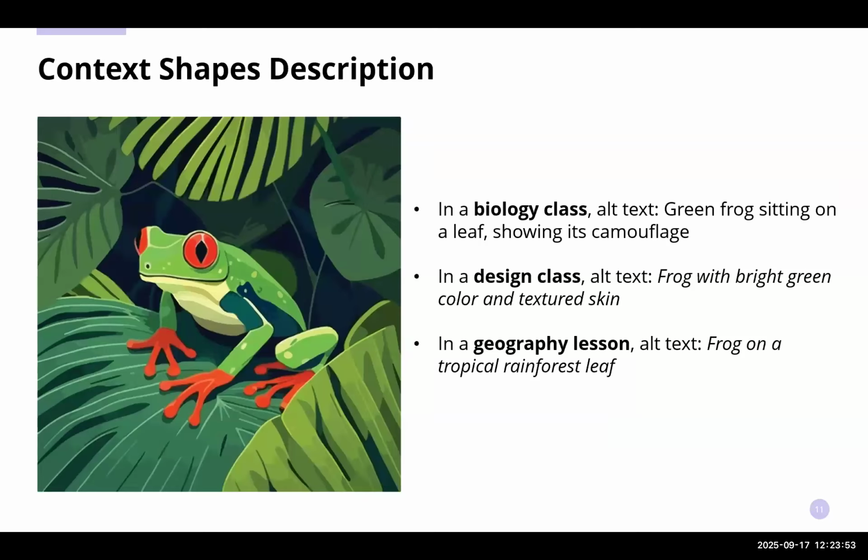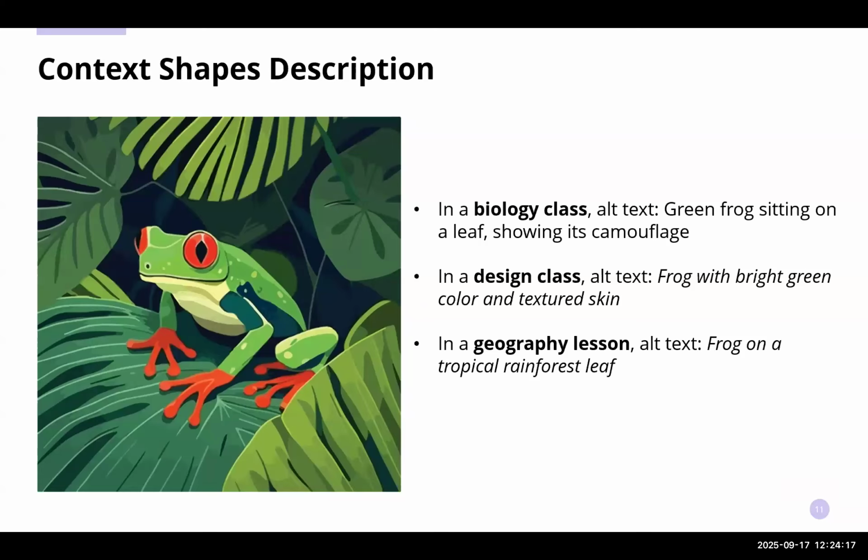Now, the emphasis here is on visual elements like color, texture, natural patterns, which might be relevant for that subject to describe. Similarly, in a geography lesson, it could be frog on a tropical rainforest leaf. The goal there might be to talk about ecosystems and habitat.